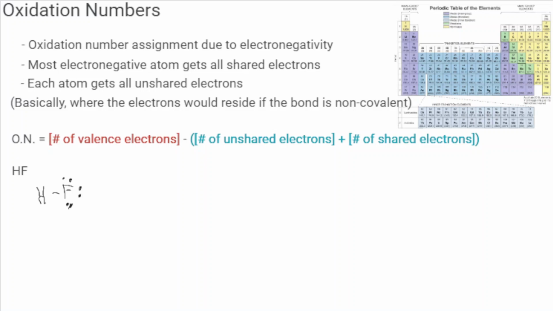So now we want to go ahead and determine what this is for, let's say, the fluorine to begin with. So we want to look at fluorine, which is over here in the upper right hand corner. And for fluorine, it's the most electronegative element. So it's going to be more electronegative than hydrogen.